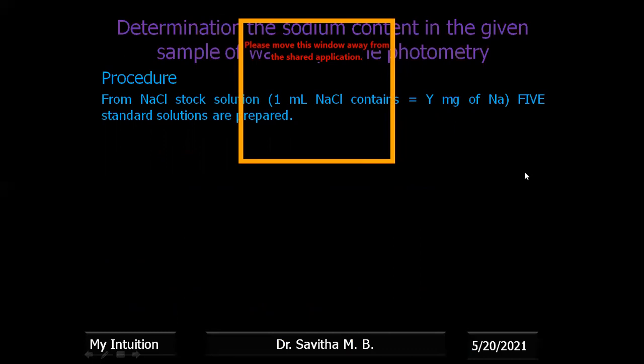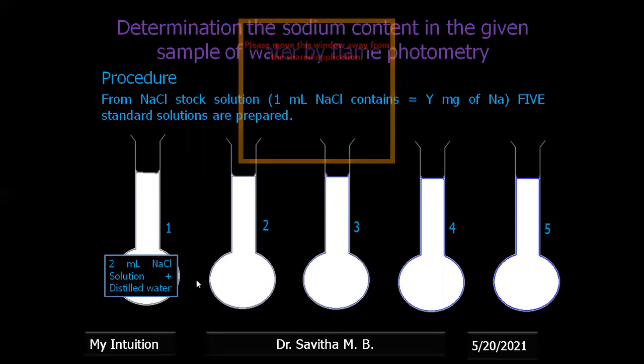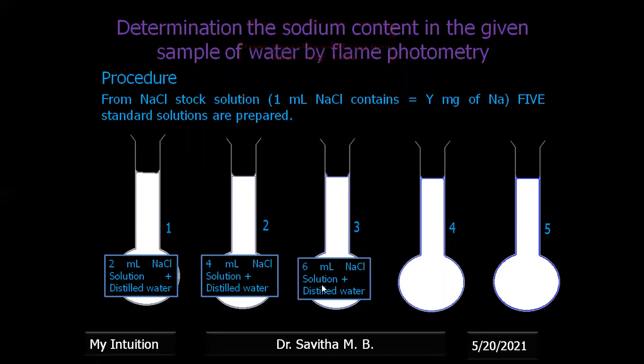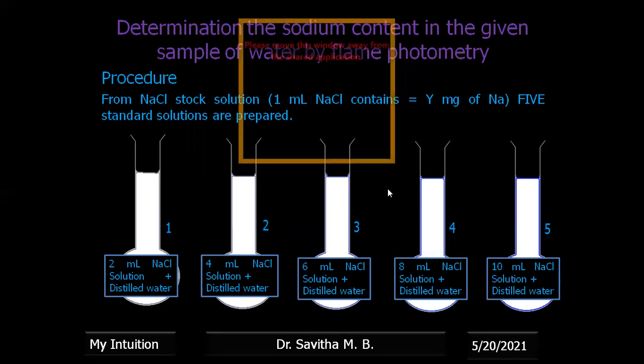Similar to colorimetry, here also you need to prepare a series of solutions of known concentration. In the first one you will be taking 2 mL of sodium chloride and making it up to the mark with distilled water. Second one you will be taking 4 mL, third one 6, 8 and 10 mL of sodium chloride, and each of it you make up to the mark with distilled water.